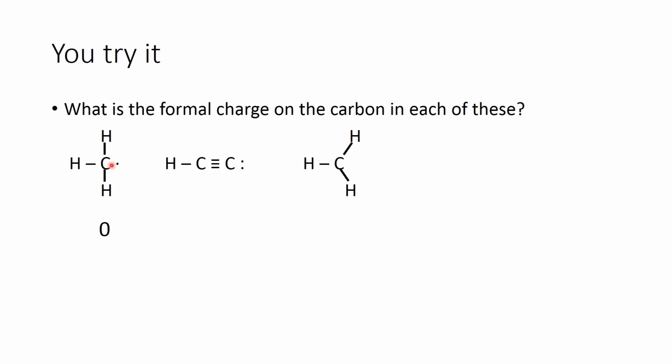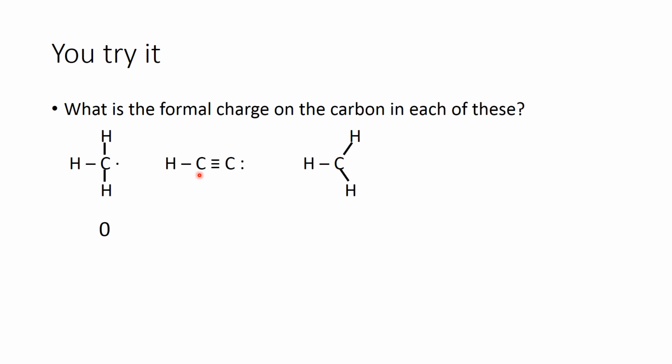It's not a full non-bonding pair, it's half of a non-bonding pair. So the 3 electrons from the bonds plus 1 from the carbon, this actually is the same as the number of valence electrons on a neutral carbon atom, 4. So this has a formal charge of 0. And when we write the methyl free radical, we write it just like this with no charge.